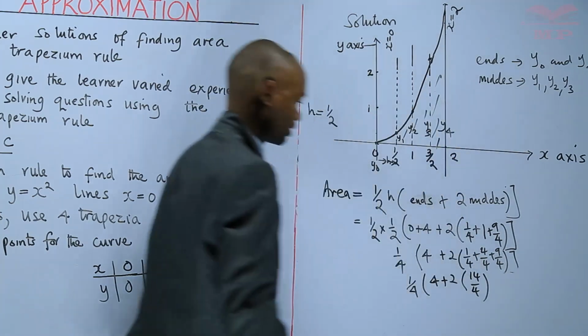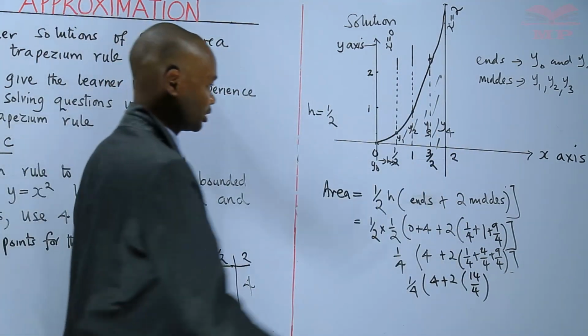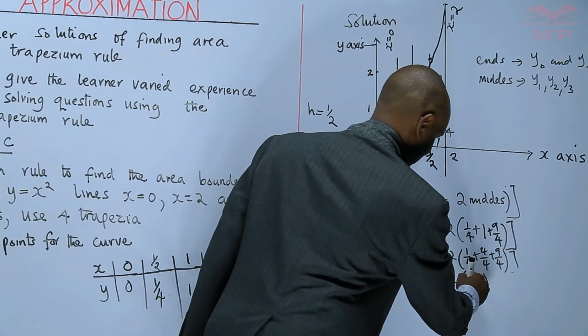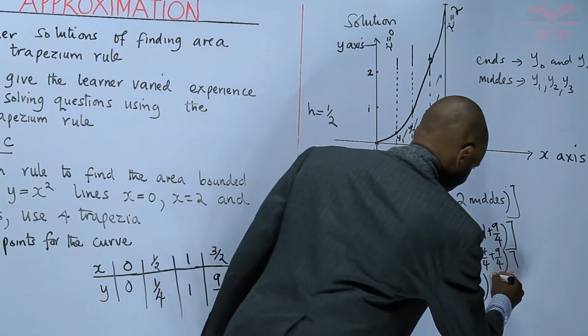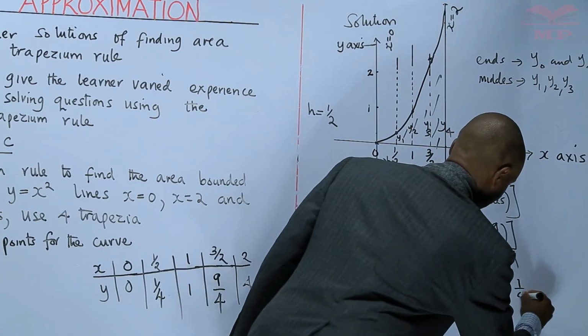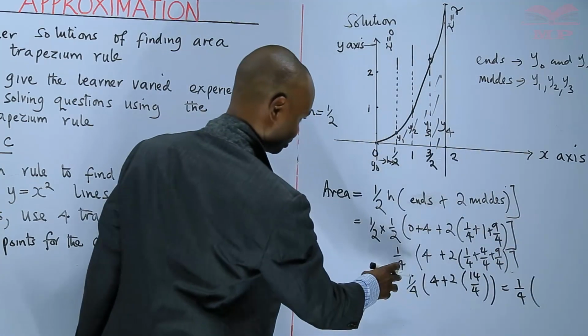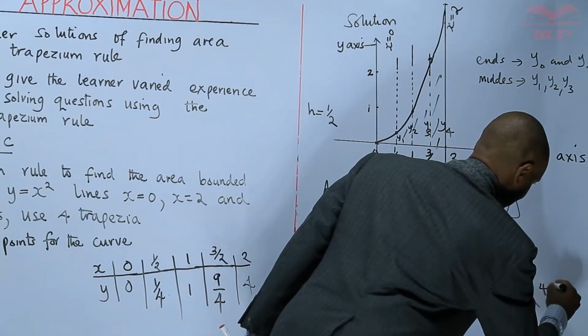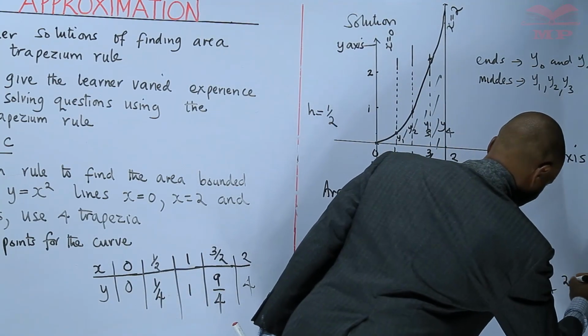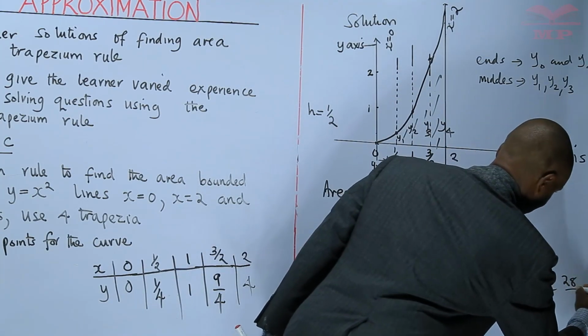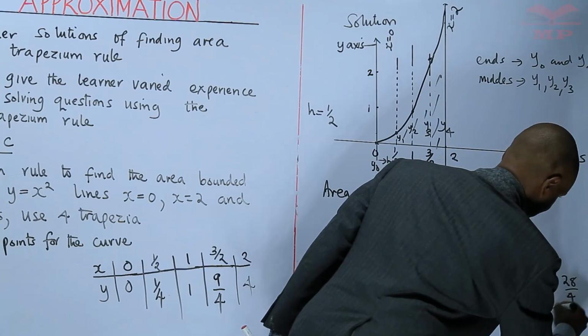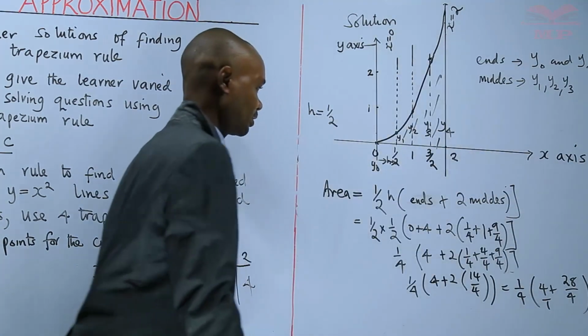That is where we went a bit astray. So 2 times 14 is 28. So it will work to a quarter into 4 plus 28 over 4. So that's where we went wrong.